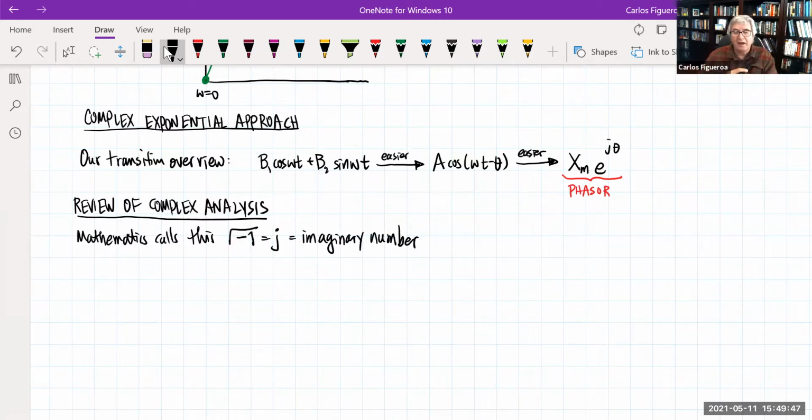And you know what? I want to know who called this thing an imaginary number. A lot of people just say, well, maybe that's fake mathematics. That's a bunch of nonsense.